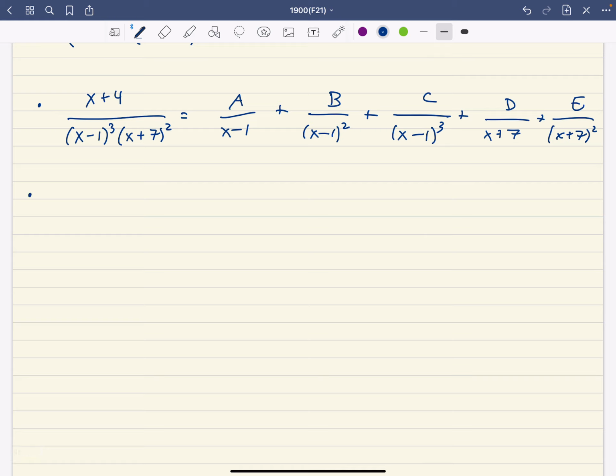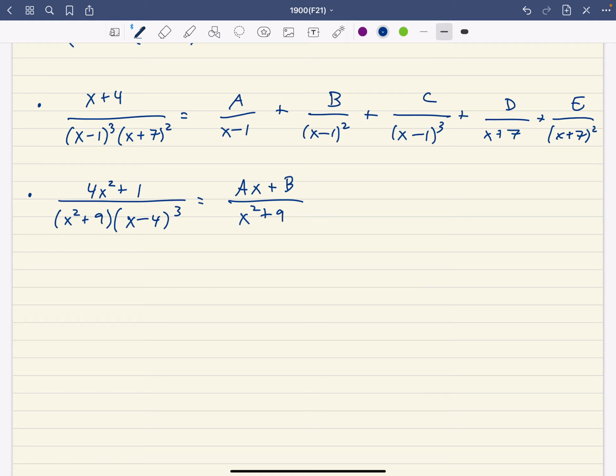And then the last case to talk about is if you were to have something like 4x squared plus 1 over, let's say, x squared plus 9 times x minus 4 cubed. What you have to do differently here is for the x squared plus 9 term, you have a second degree polynomial in the denominator, so you need a general linear term up top.